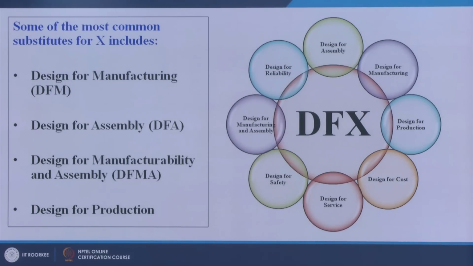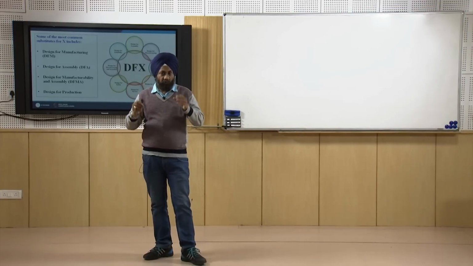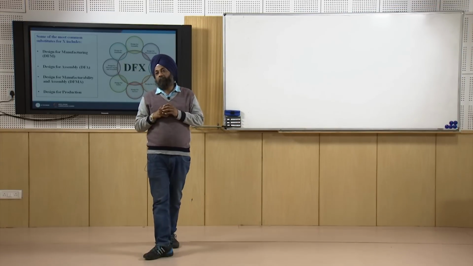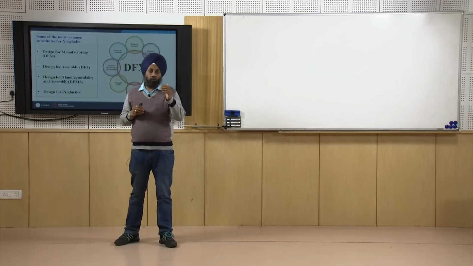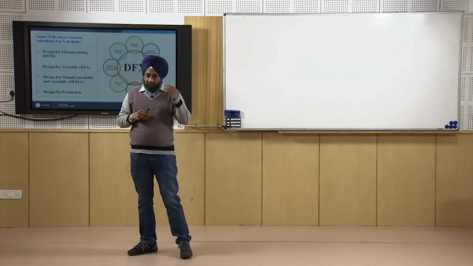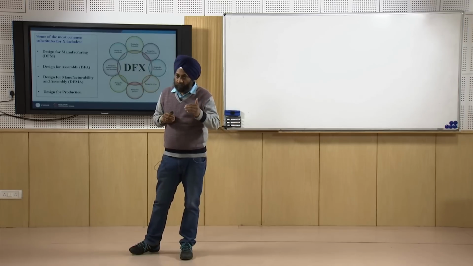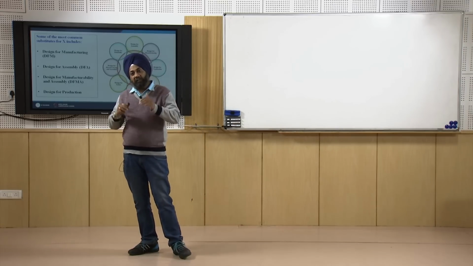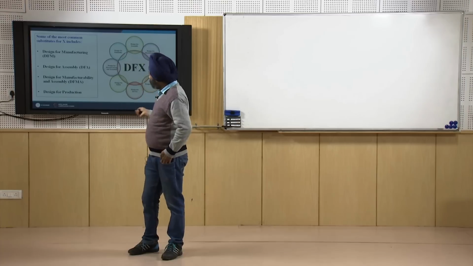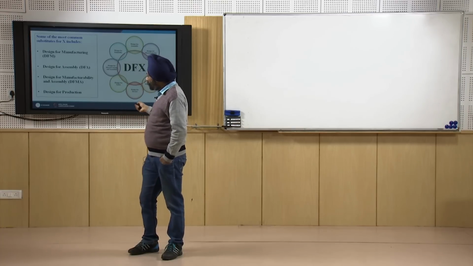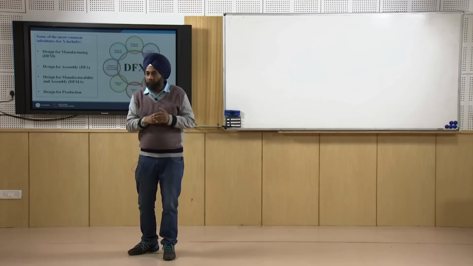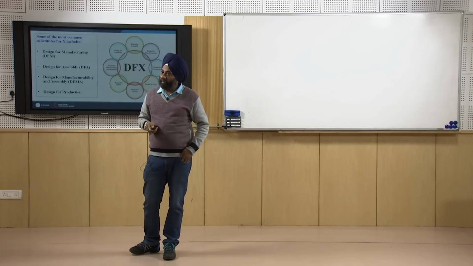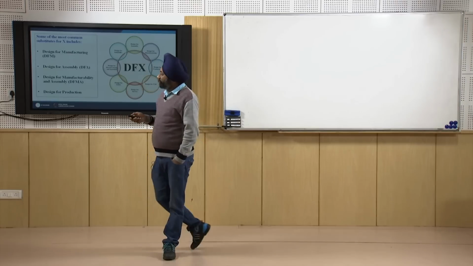So X can take any name, but the overall objective of the product designer is to ensure that the product is good quality, low cost, easy to manufacture, easy to assemble, reliable, and easy to service. So when you take into account all these things, then it means you design for excellence. The product is robust and is insensitive to the variations in the noise factors.